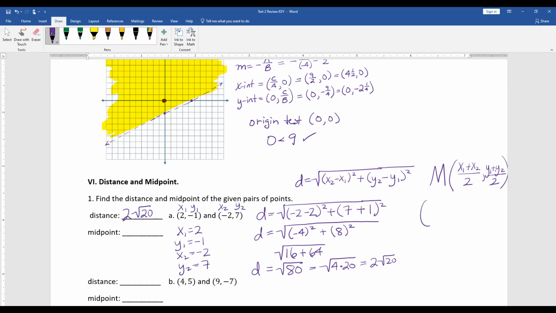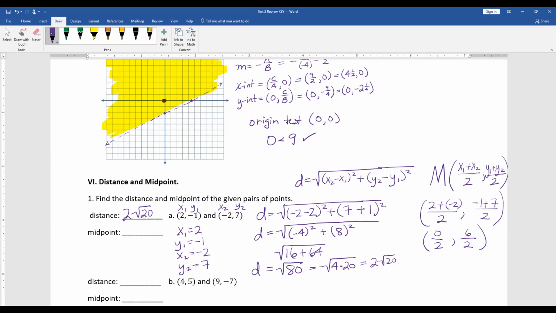Midpoint is x1, which is 2, plus x2, which is -2, over 2. And then y1 is -1, plus y2, which is 7, over 2. All right, what's 2 plus -2? And -1 plus 7?